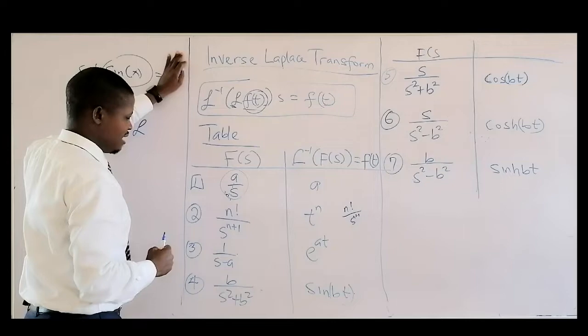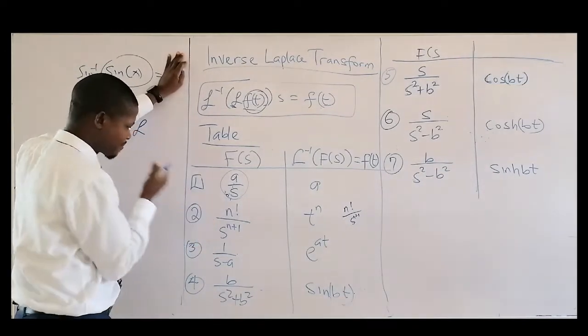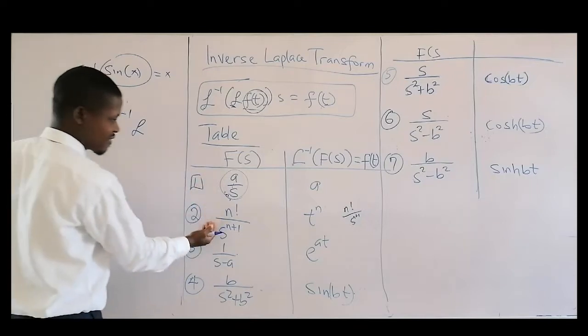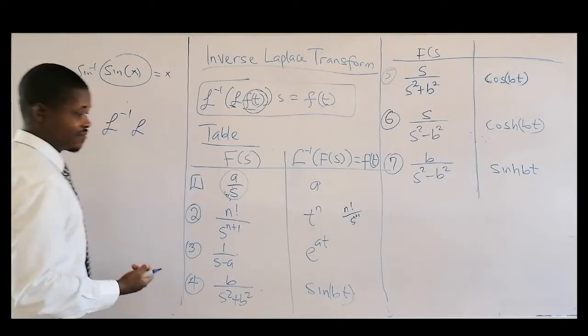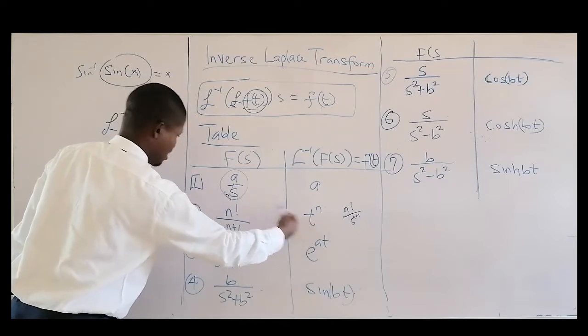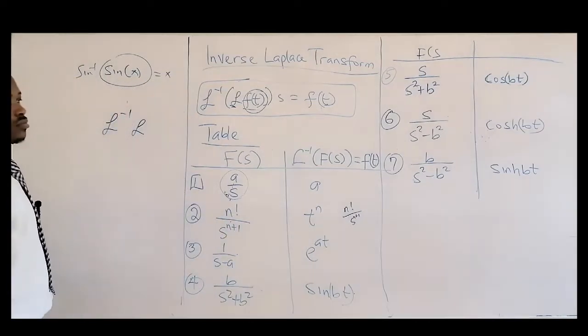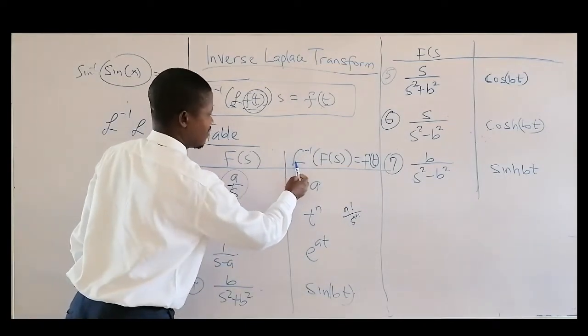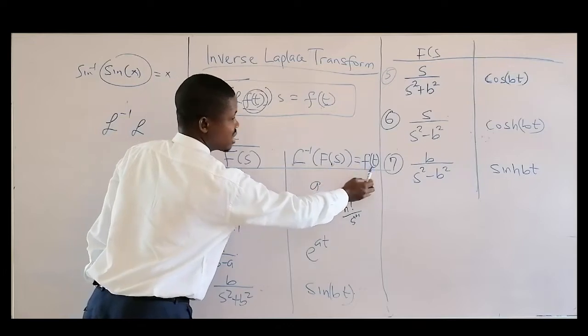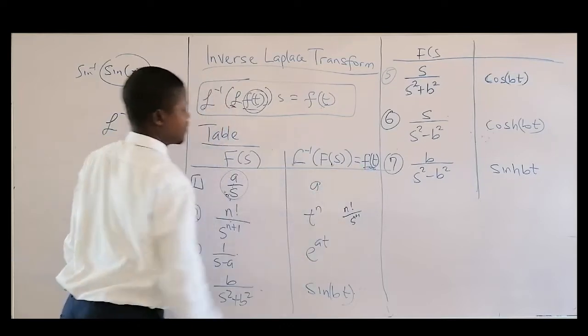The inverse Laplace of this is t to the n. And if you take the Laplace of this, you get back this one also. That's what they say: the inverse of a function will give you back f of t.